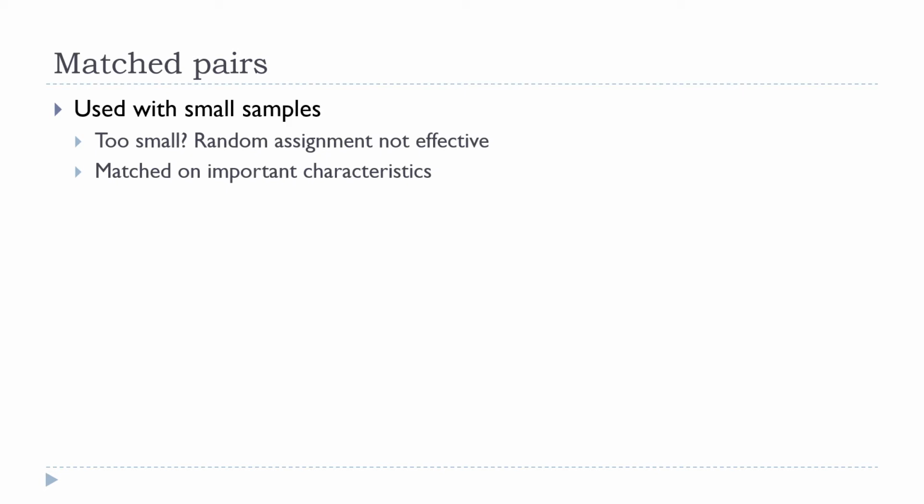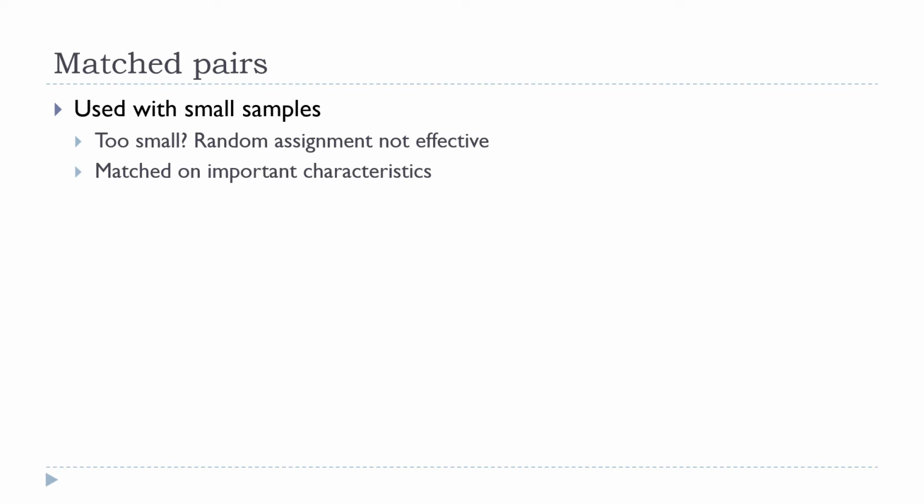So for example, if you wanted to make sure that the two groups were matched on things like gender or additional qualities that you believed would be important, like whether someone had a learning disability for reading, then what you would want to do is match people on important characteristics and basically come up with a pair of people that are similar to one another.